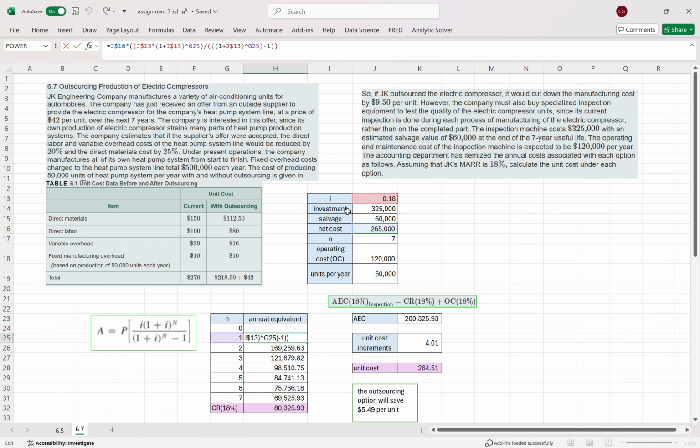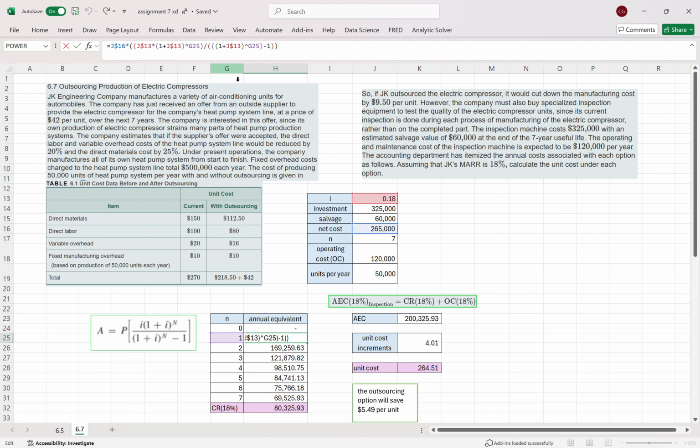For the inflow, we got the salvage value of $6,000, and then for the outflow, we got the investment of $325,000. The difference between those two is $265,000. So I used that value as my P for the formula.